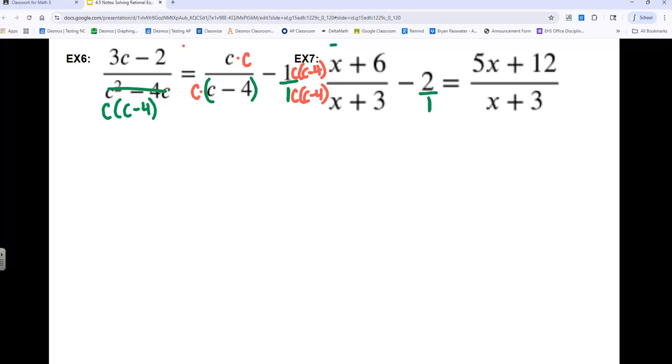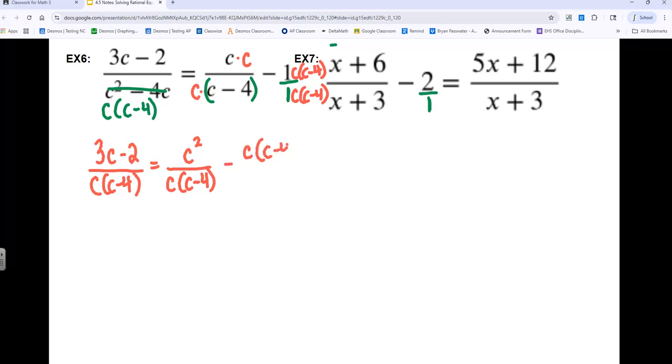Yeah. Okay? All right, so here's what I'm looking at now. I've got 3c minus 2 over c times c minus 4 equals, c times c is c squared over c times c minus 4. I'm going to leave this straight now. I'm not going to multiply it together.